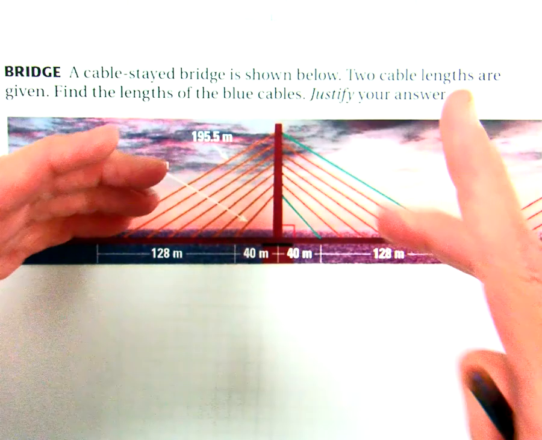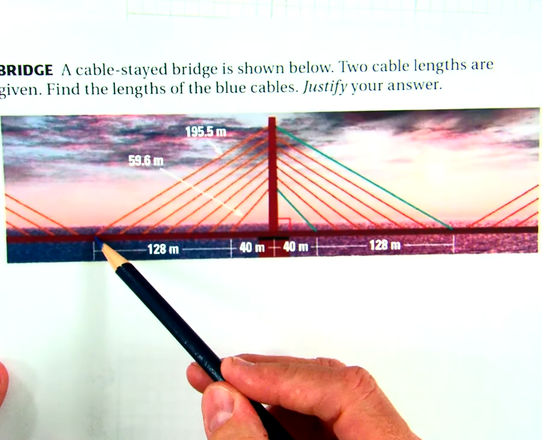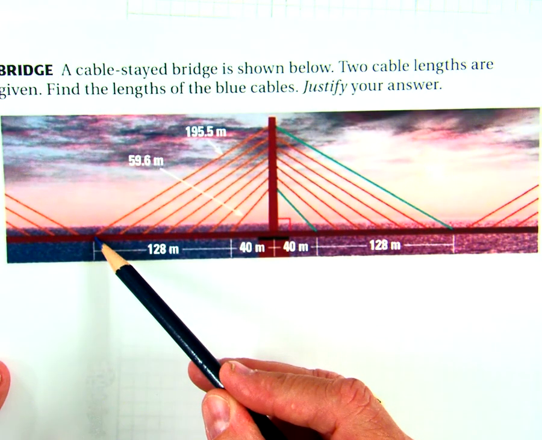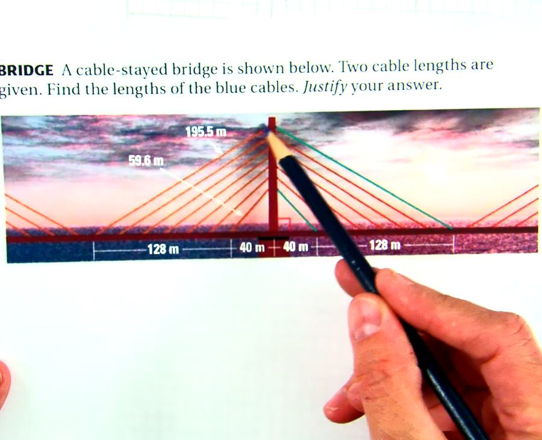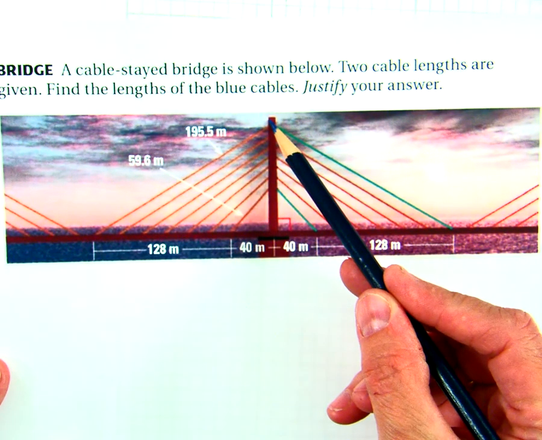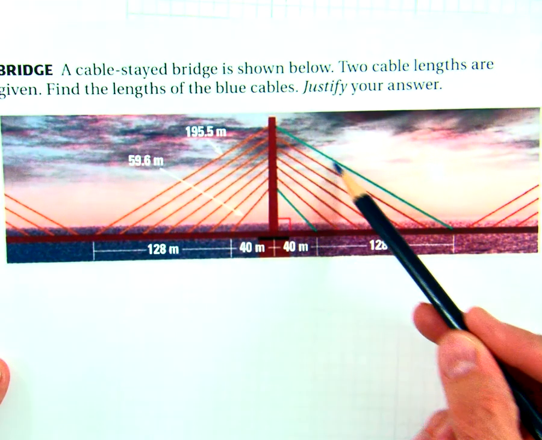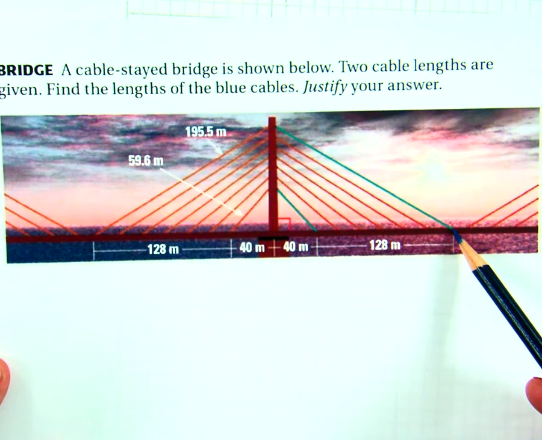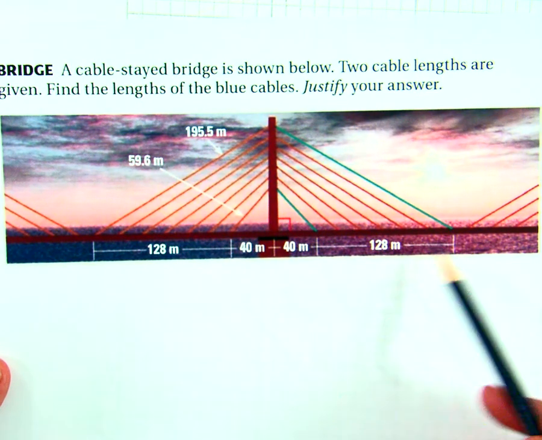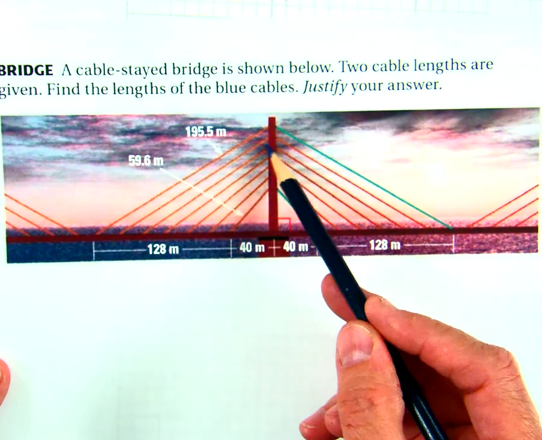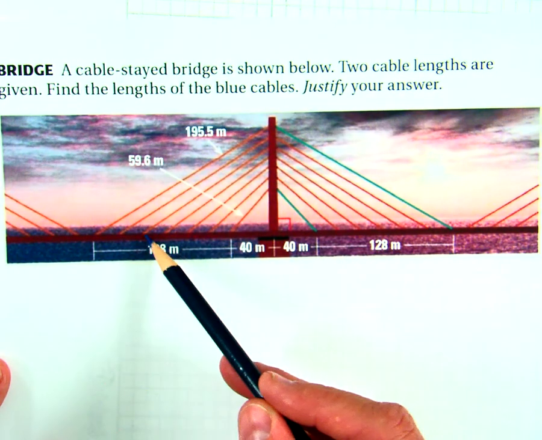It's like big. Okay. One cable attaches to a section of the bridge here, goes up to a tower, which is a perpendicular bisector, and down to the other side and attaches to a section of bridge that you drive on the other side. Each one of these attach across it.